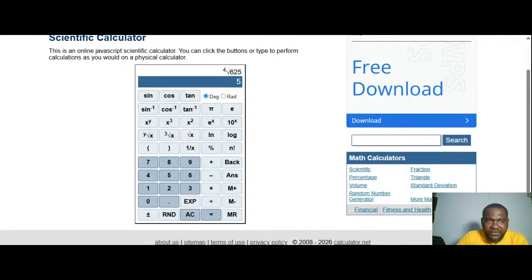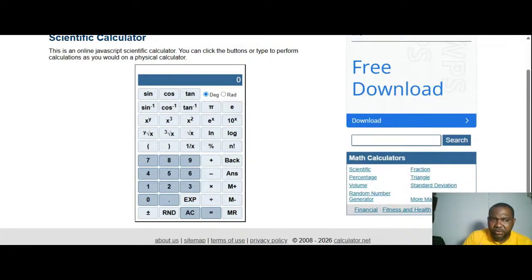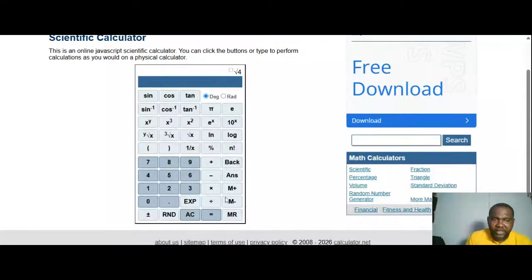So if you want to search for this calculator, you search for scientific calculator. You pick one of them, okay? I said fourth root, though it differs for different calculators. For some calculators, you will press 4 first before you press this, but it will not work here.